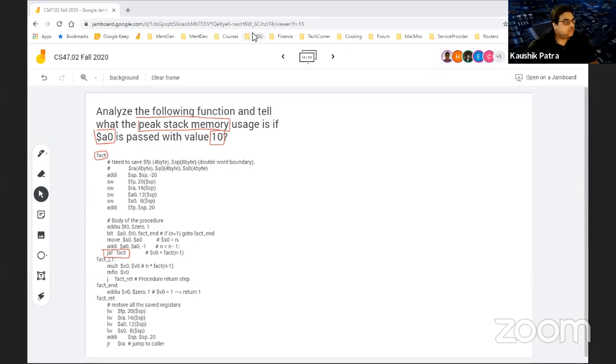Okay, so let's go for 5 minutes of self-study on this problem, try to understand, and then discuss among your peers.